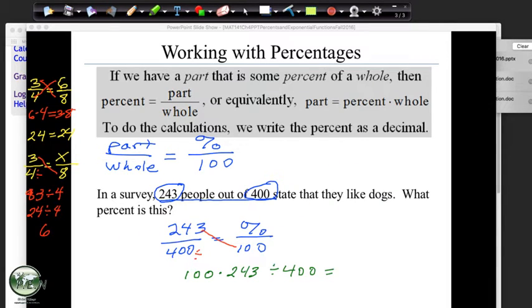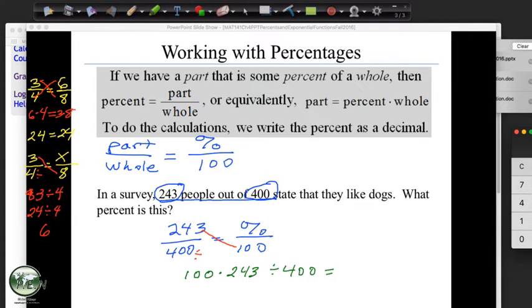So, let's see. The other thing I need is a little calculator, that would be helpful. Come on. There it is. Bring that over. And then we just enter this: 100 times 243 divided by 100.